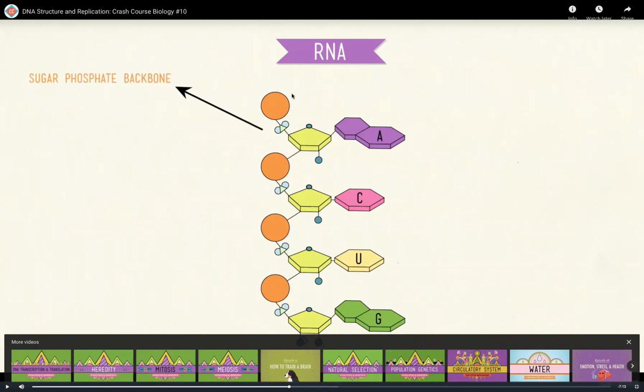Now, RNA is only single-stranded, if you look here, right? And what else do we see that's different? It has an adenine, has a cytosine, has guanine, but instead of thymine, it has uracil. So that's how you know you have RNA. It's only single-stranded, there's an extra oxygen over here, and there's a uracil nitrogenous base hanging around.